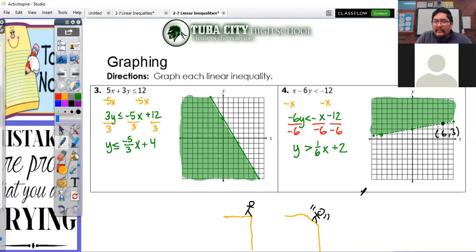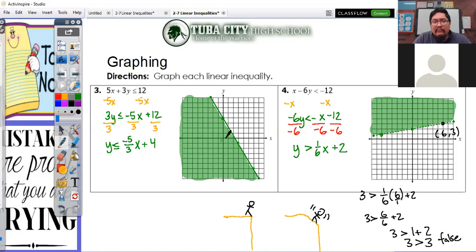So y is 3, 1/6, and then x value is 6 plus 2. And now multiply the top number, or again, if you want to, you can also just put a 1 under it. But I have 3 is greater than 6 over 6 plus 2. And we know that 6 over 6, or 6 divided by 6, is just going to be 1. So 1 plus 2 is 3. So I get 3 is greater than 3. That's false. So that's why we can't pick an area right on the line, because that would be false.